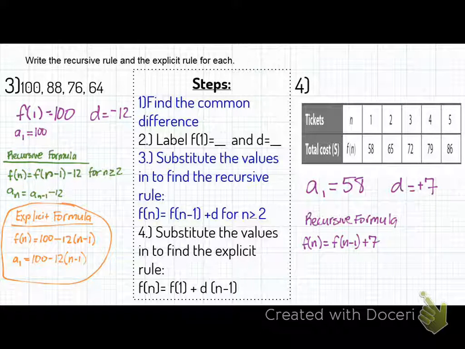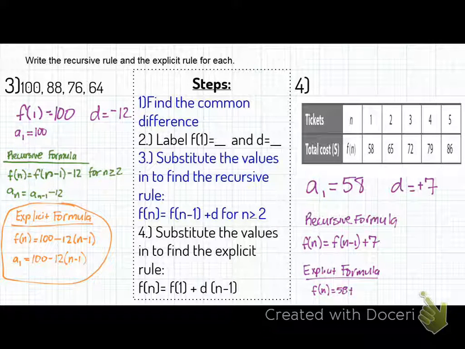And then our explicit formula? f of n equals 58 plus 7 times n minus 1. So we said f of n is equal to 58 plus 7 times n minus 1. Good. That's it. Does that make sense, everyone?